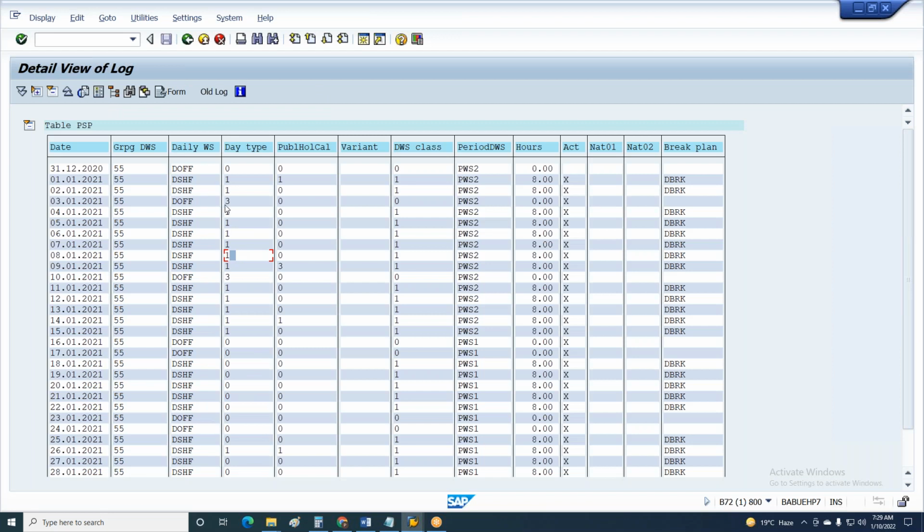Day type should be there only on holidays. Someone created a work schedule with an incorrect day type selection rule. All these are holidays now.